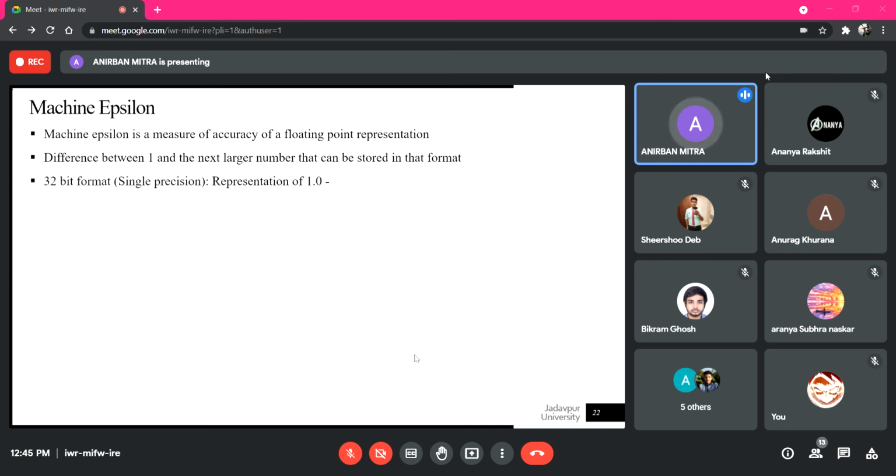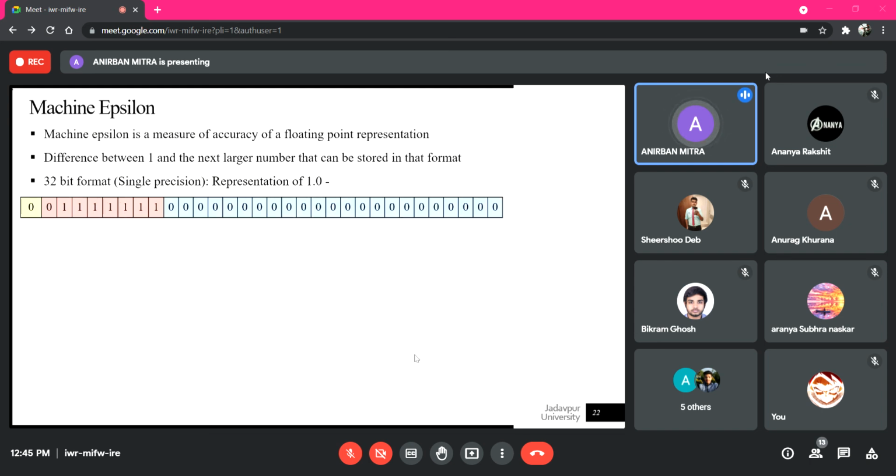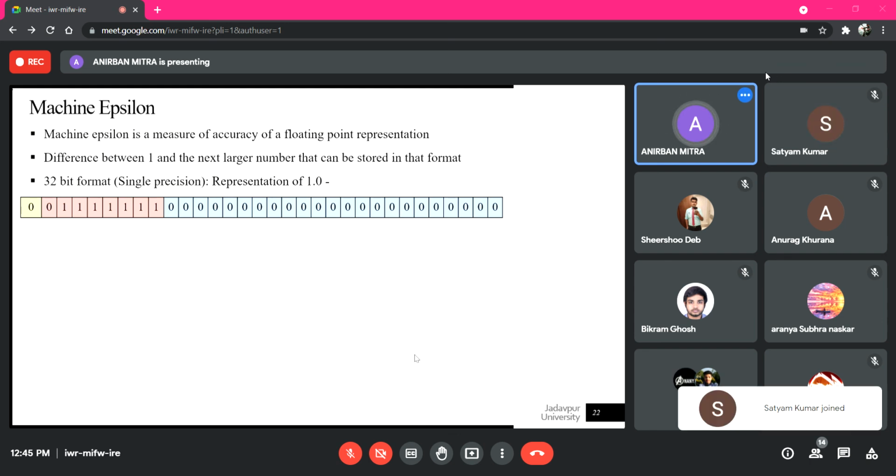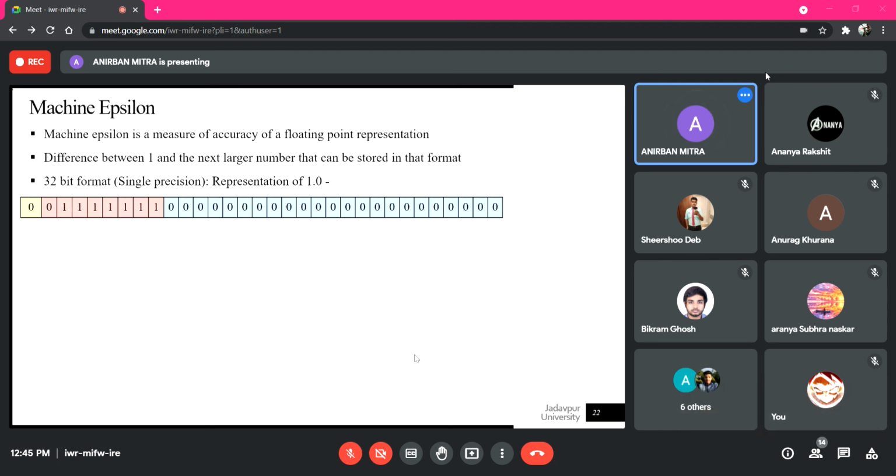So if we talk about 32-bit format, how do we represent 1 here? The representation of 1 is like this. The mantissa part would be all 0, because remember that we have that implied bit at the most significant position. So the mantissa part, when calculated in the form of a decimal value, would give us 1.